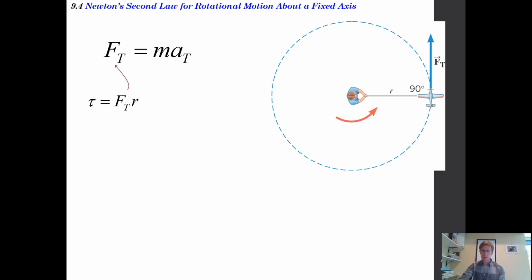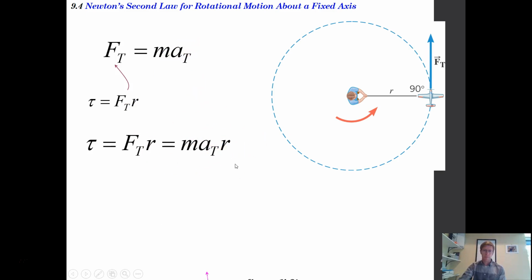Well, we know torque equals force times lever arm. In this case, that force is perpendicular to this radial lever arm, the radius of its circle, labeled r here. So the torque, which is counterclockwise and therefore positive, is just that force times the lever arm r. So torque is m times a multiplied by r.